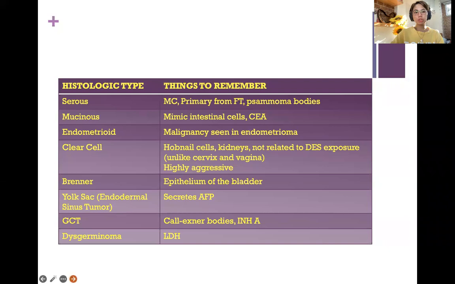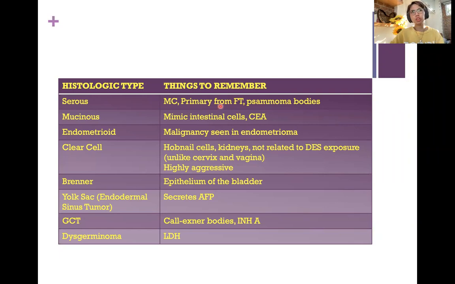Okay, what are the things to remember when we talk about serous carcinoma? Most common, primarily from the fallopian tube. That's why I said in the very first slide in the malignancy that removal of the tubes is protective because the chance of having a primary source from the fallopian tube is removed.